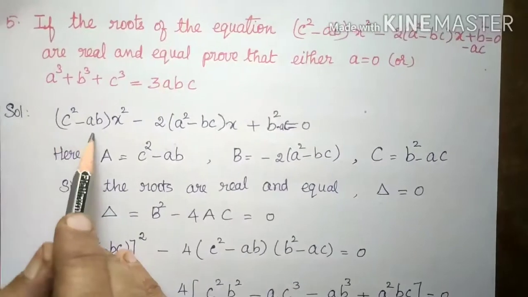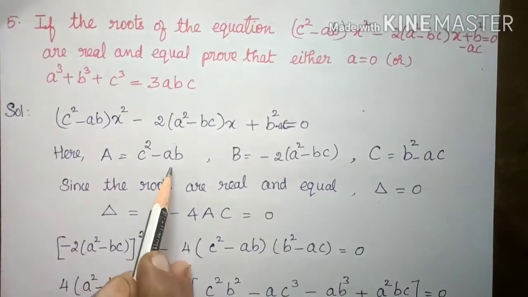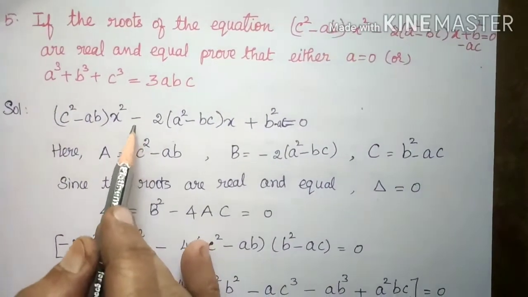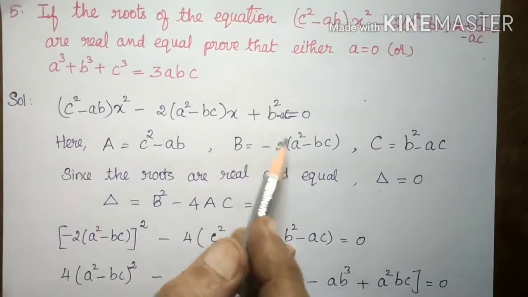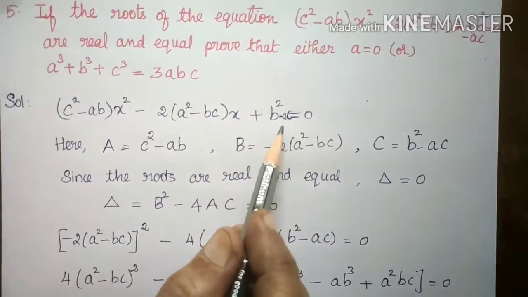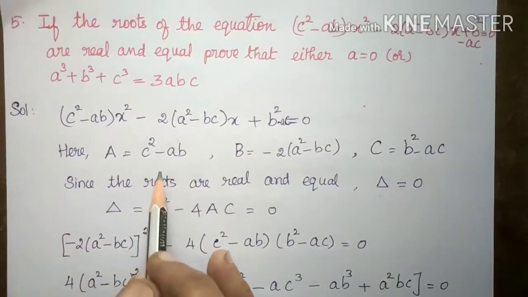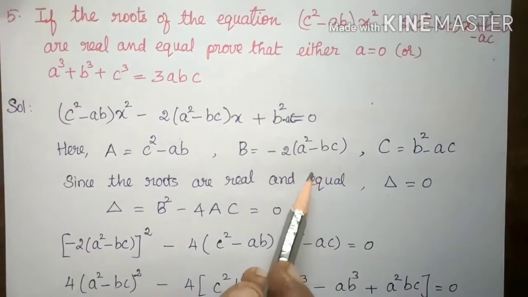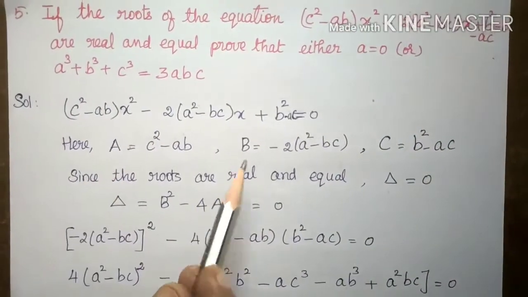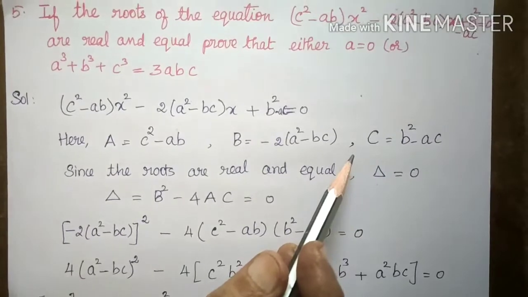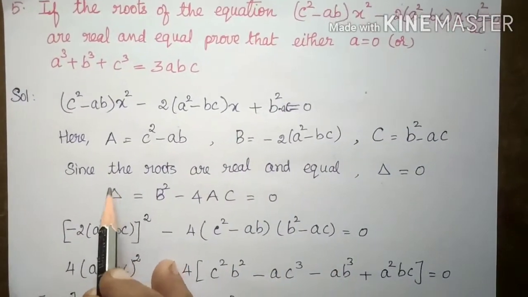Capital A is equal to c squared minus ab, capital B is equal to minus 2 (a squared minus bc), and capital C is equal to b squared minus ac. Since we already have the alphabets a, b, c in the given equation, I took capital A, B and C so that it is easy to solve.